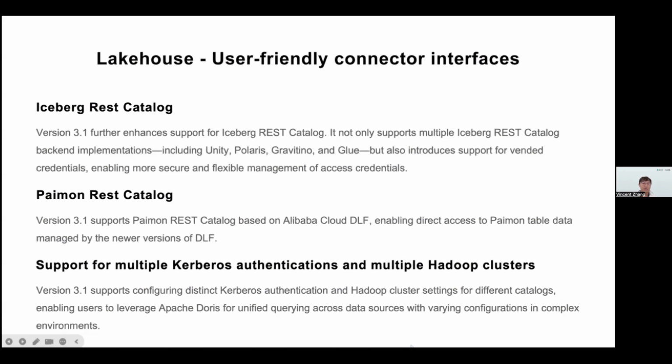Finally, it introduced support for multiple Kerberos authentication environments and multiple Hadoop clusters. Version 3.1 allows users to configure distinct Kerberos authentication and Hadoop cluster settings for different catalogs, enabling Apache Doris to perform unified querying across data sources with diverse configurations in complex environments.